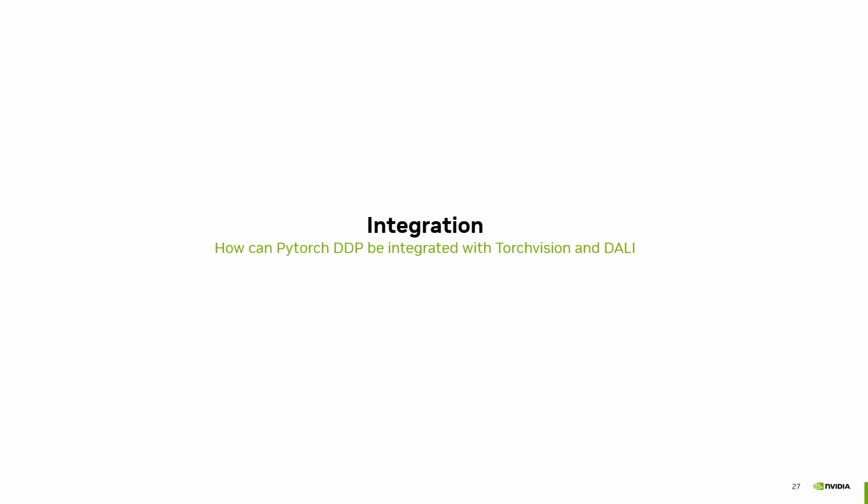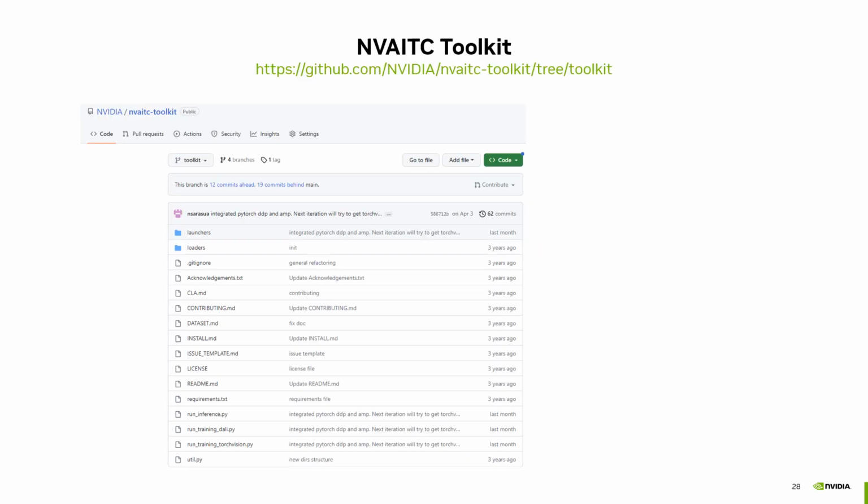Okay, so now that we understand how distributed data parallelism works, let's see how we can integrate it into our own code with PyTorch. For that, we will be using our own NVAITC Toolkit, which I encourage you all to check out.